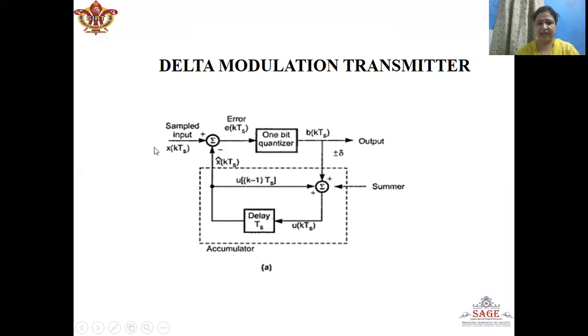By that time, the next sample will appear and the previous sample approximation will be compared with the present sampled input, and the cycle will continue. The block diagram given in the lower section of this transmitter is known as the accumulator, which is used to generate the previous sample approximation.